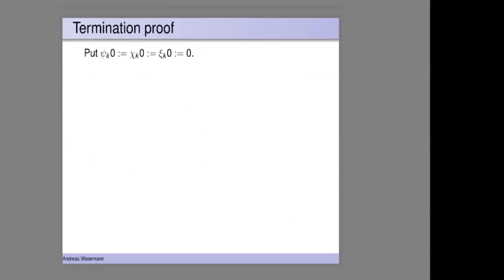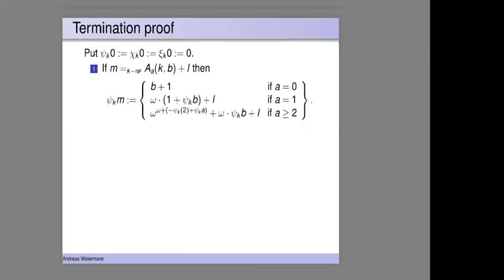So I have three ordinal interpretations. A termination proof for all these principles works as follows. So I have ordinal interpretations psi_k, chi_k, h_k, and xi_k. And for the double base change operation, the corresponding function t_k of m works as follows. It has three cases.